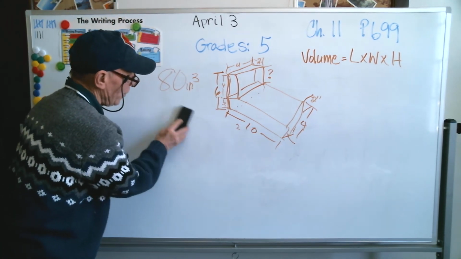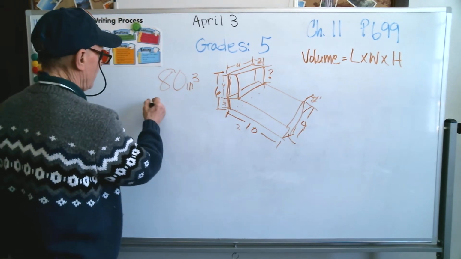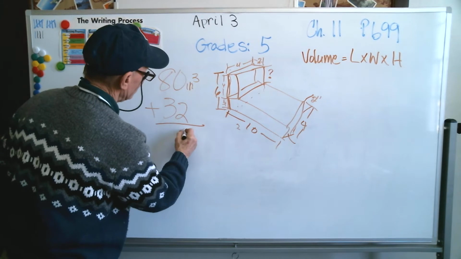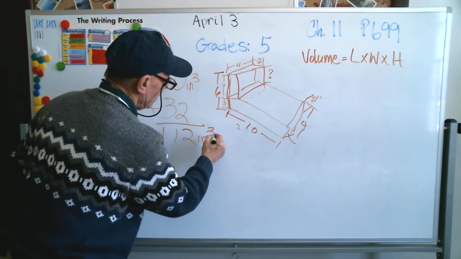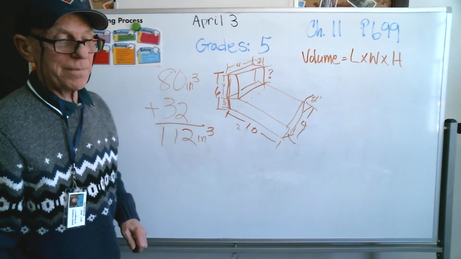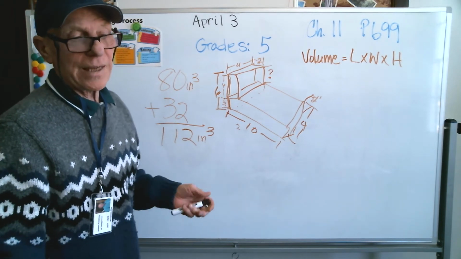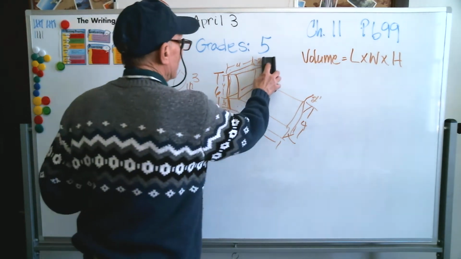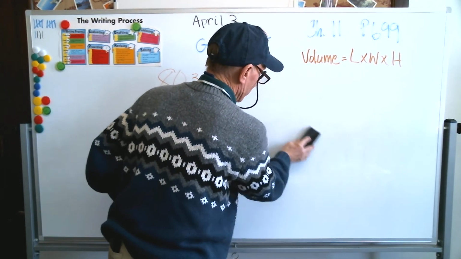So let's add our 32 cubic inches, and that tells us that we've got 112 cubic inches. That's the volume of that shape, 112 cubic inches. Okay, now that was pretty easy. It's only like two images. It gets a little goofier as you go further into this chapter.